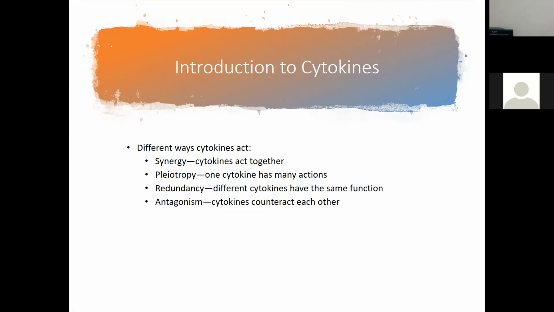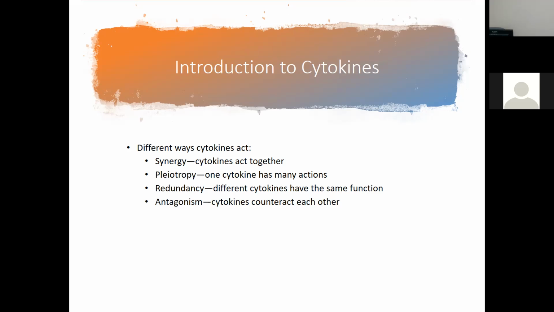Okay? So they work this way, and this is always fun because we didn't know we really have to talk about synergy, pleiotropy, redundancy, and antagonism. So we have some definitions that we have to know for this one. Synergy just means that you can have all the cytokines working together. They act together. They build up. Hey, if I'm here, you're here.